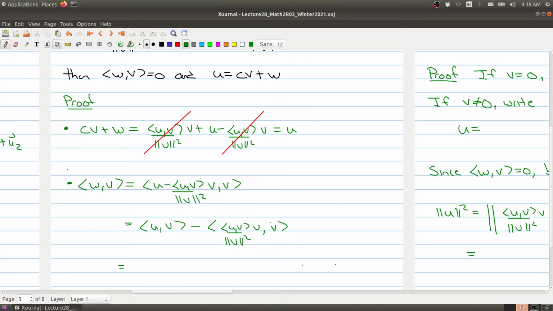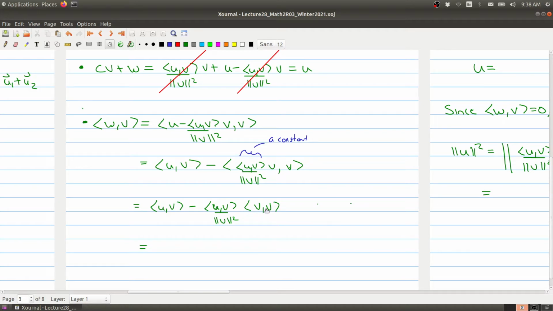Now remember that this term is a constant, so you can pull it out. So we pull it out, and what we get is minus the inner product of u and v over the norm of v squared times the inner product of v with itself.